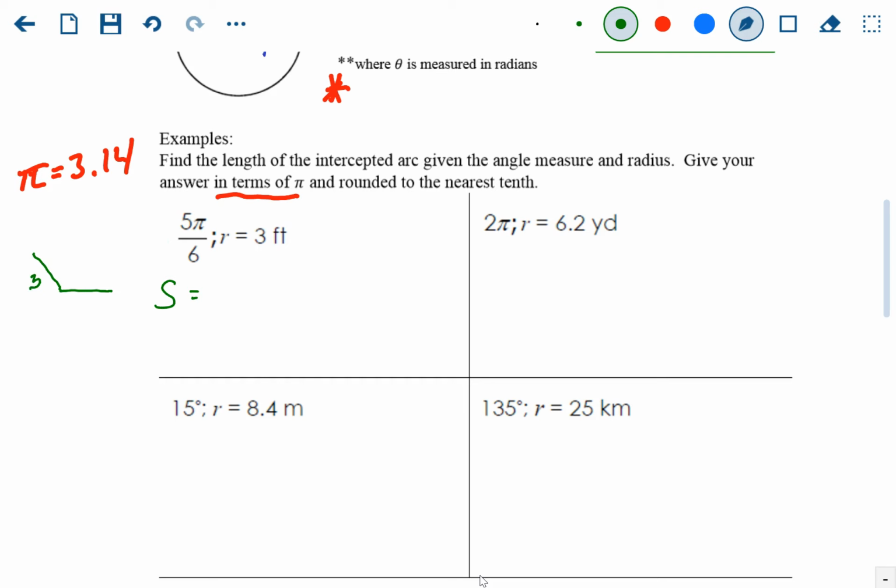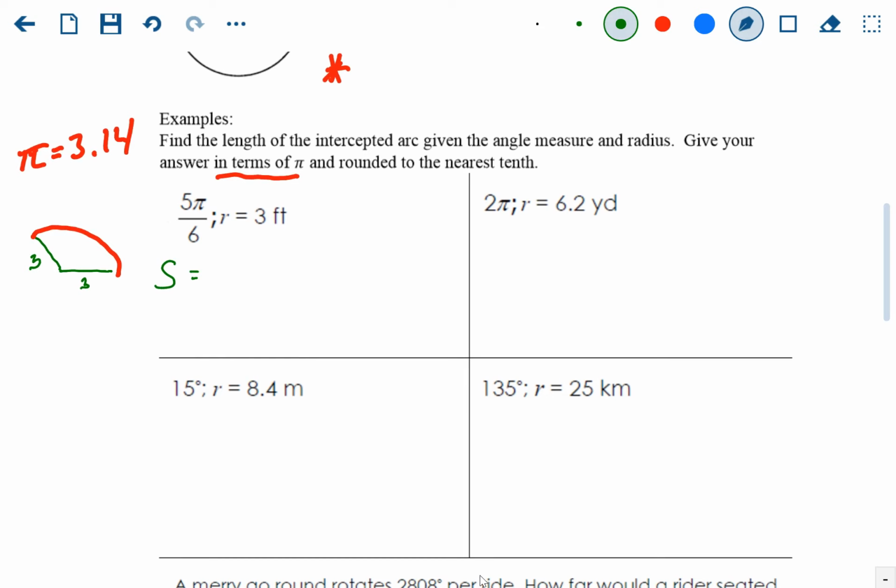You have a radius of 3 and a radius of 3. So again, what we're trying to find is the arc that connects those two, the crust of the pizza. All right, so we know the radius. We know it's 3. We know the theta. It's 5 pi over 6. So you just multiply those two together.